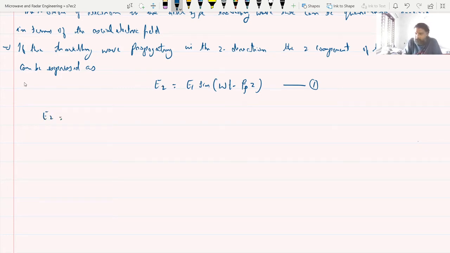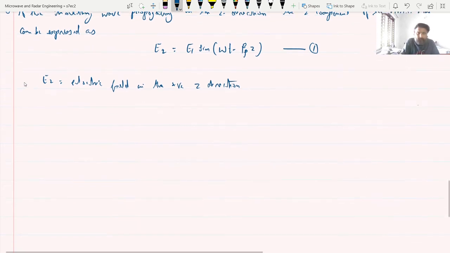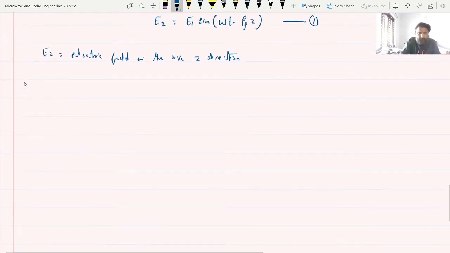So Ez is nothing but the electric field in the positive z direction.